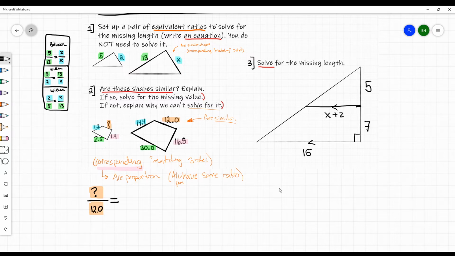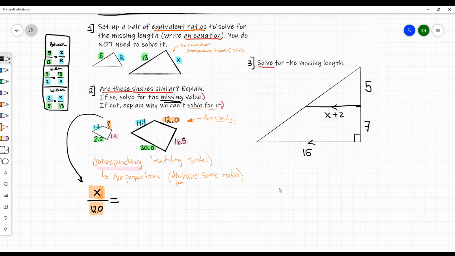Okay, in order to solve for the missing value, we need to have something to solve for. So for this case, instead of a question mark, I'm just going to call it X. And you can do the same thing whenever you get to a test or quiz. I'm going to call it X because I want to solve for it. So for here, question mark turns into X.